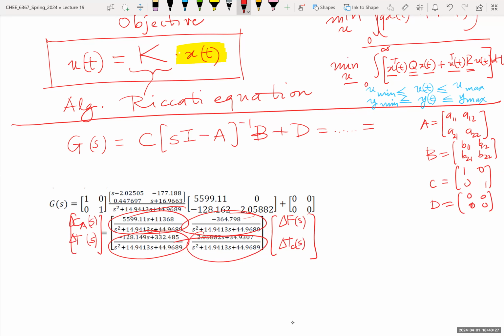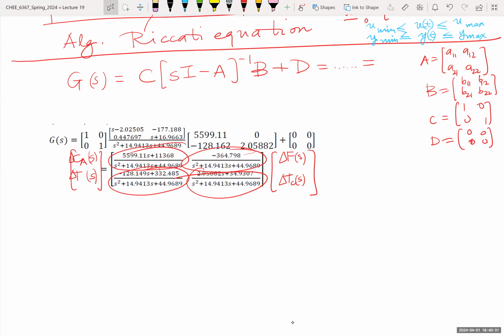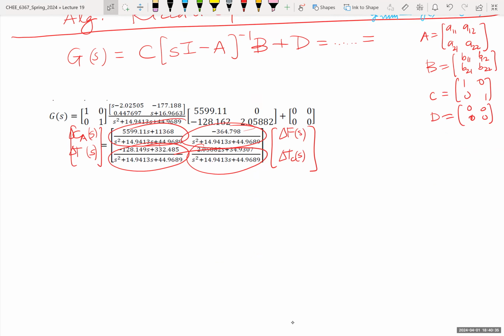Before we go forward into section 2.4 that discusses again multivariable poles and zeros, a couple of quick observations. The effect of delta F, the feed flow rate, on temperature has this form here.